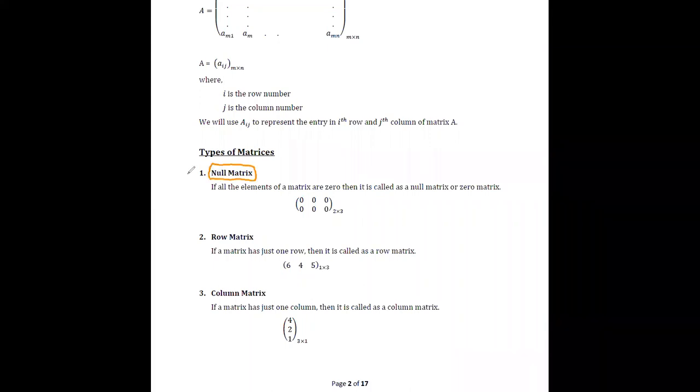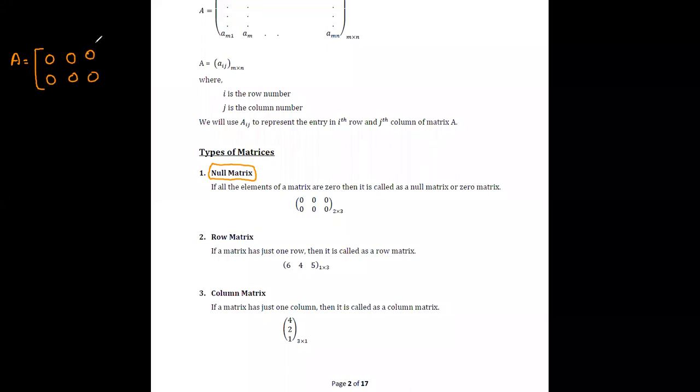Therefore, we can say that a matrix having all the elements as zeros is said to be a null matrix. Here we are not going to worry about the order of the matrix. The only condition which needs to be satisfied to be a null matrix is that all elements should be equal to 0.